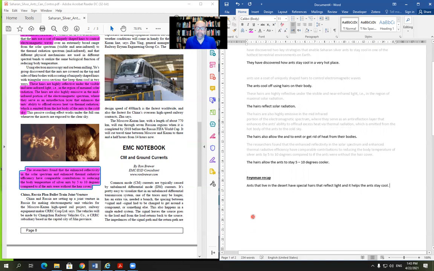Because the ants have certain hairs, very special hairs, that reflect the light, that help the ants stay cool. And you may say to me, but maybe they don't understand the word reflect. And I could say, okay, so when you use this method for taking notes, it's a very good way for having just what you need to remember when you go back to write your seminar paper and find many different articles and synthesize them and write a very good paper.